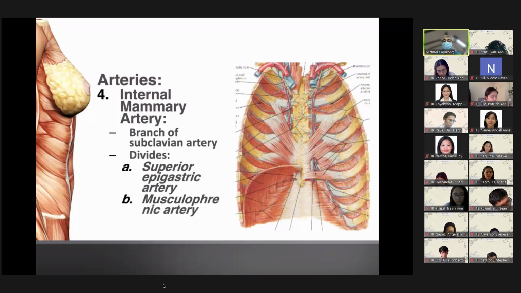Now, a bit of information: your internal mammary artery is also an artery that was very commonly used before when you are doing your coronary artery bypass graft, or your CABG. So if you're doing heart surgery, CABG, your internal mammary artery was a common choice.